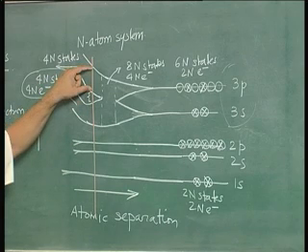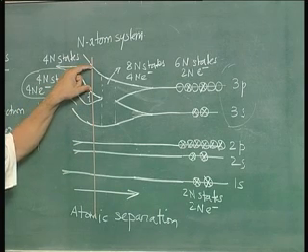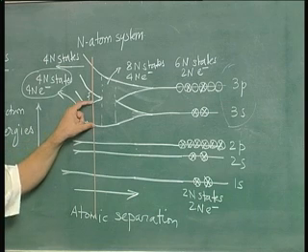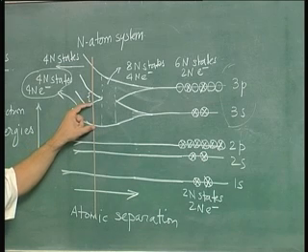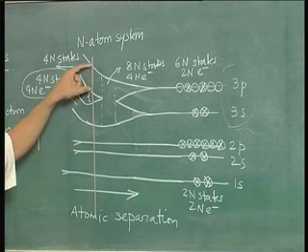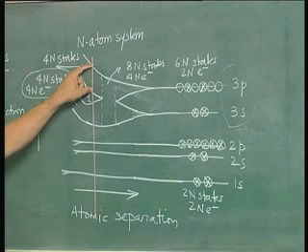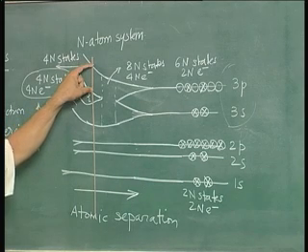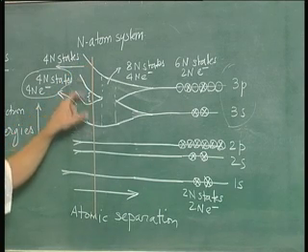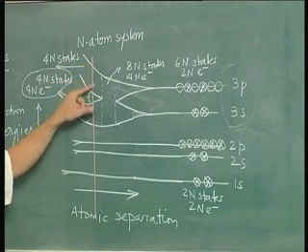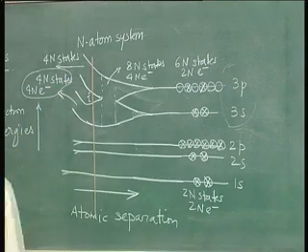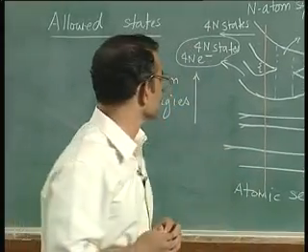Here 4n states but no electrons. This band is the so called valence band, because all the valence electrons occupy this energy band, and this band is the so called conduction band, because when you provide energy, electrons jump from the valence band to the conduction band, and the electrons in the upper band are free to move, so they are called conduction electrons.